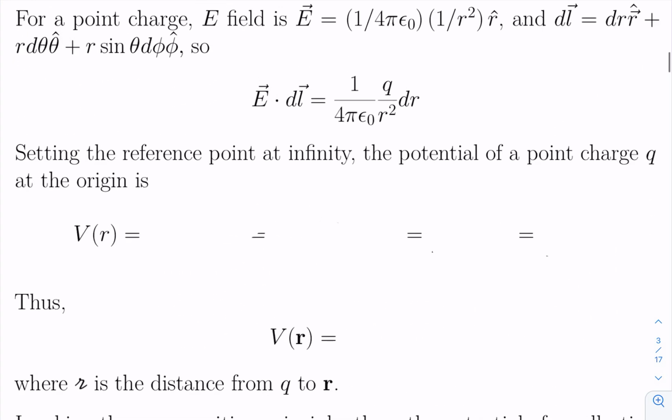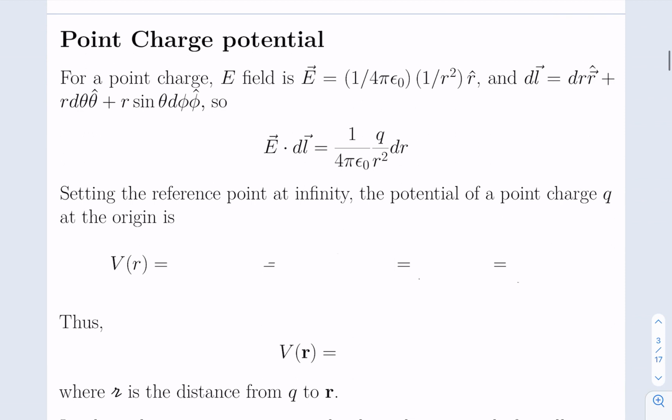Now let's see what the potential for a point charge is. For a point charge, we already figured out the electric field: it is proportional to 1 over r squared and points along the r hat direction. Now we can calculate the potential by integrating E dot dl, starting from infinity and integrating to the r coordinate.